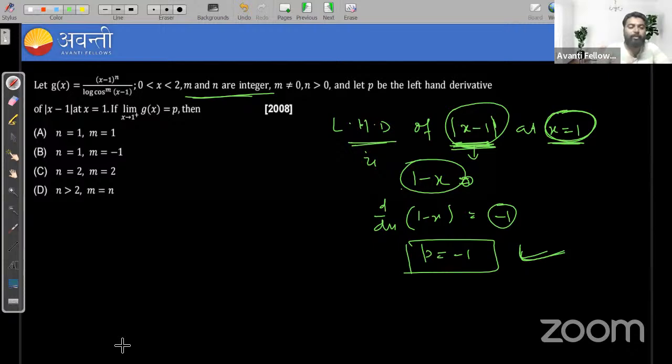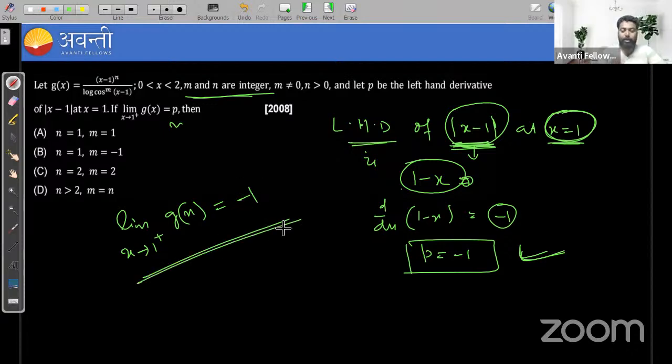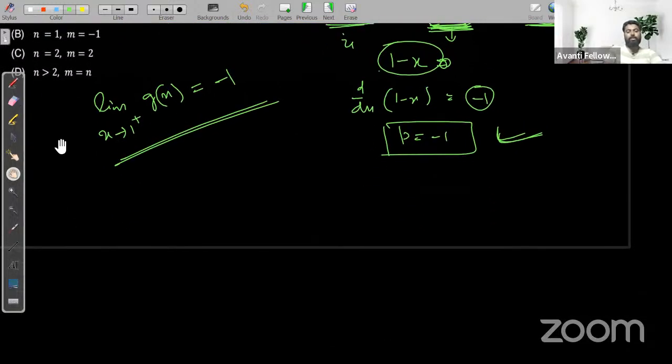And also it is given that this limit as x tends to 1 plus of g of x is equal to p, that is minus 1. Okay, so p is minus 1. Right? So we got very good information from the given information. Now g of x is already given. What is g of x?